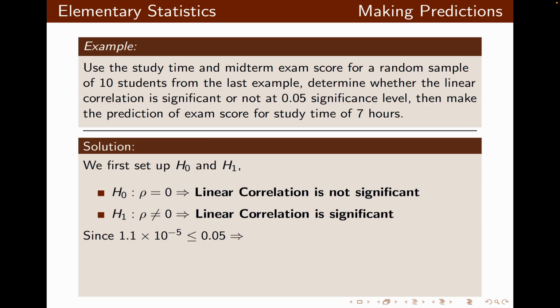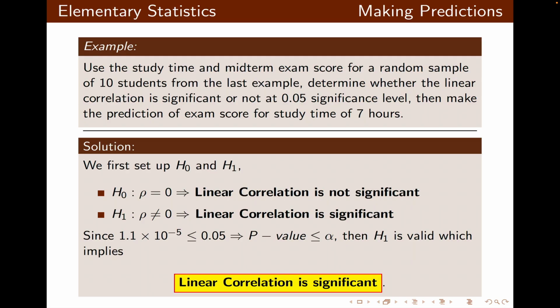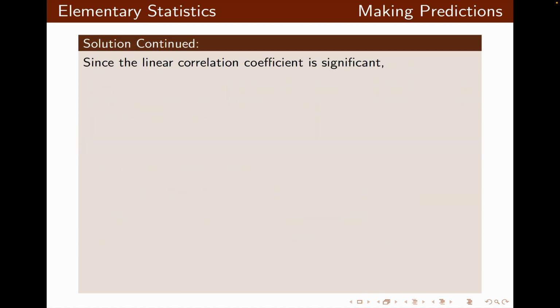Since our p-value is less than or equal to alpha, then H1 is valid, which implies that the linear correlation is significant. Now, since the linear correlation is significant, we use the regression line for the prediction process.